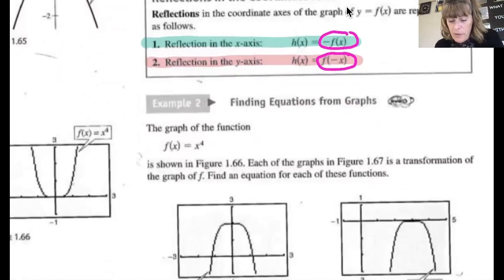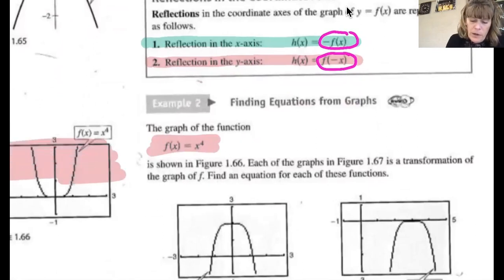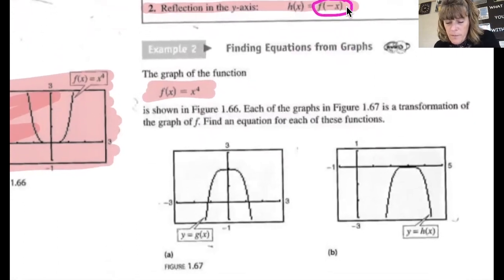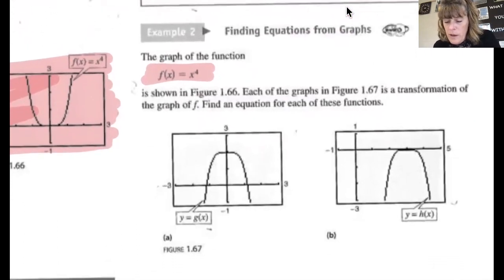So we have the graph of the function f of x equals x to the fourth. So the generic picture of that would be right here. So that's what the normal x to the fourth looks like. Okay, and then we're supposed to find the equation that corresponds with each of these.